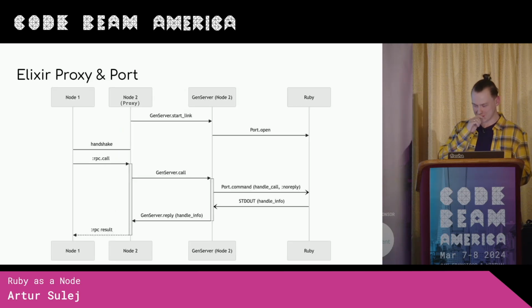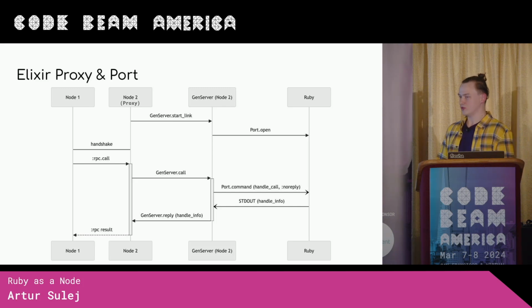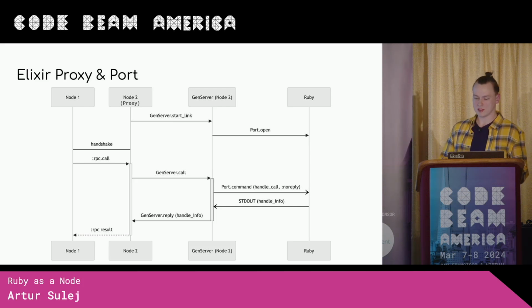The full solution will look like this. We have two Elixir nodes. The proxy node will start a GenServer that will manage the port. What GenServer gives us is that we won't have to deal with raw message passing, so we'll have a nicer interface.